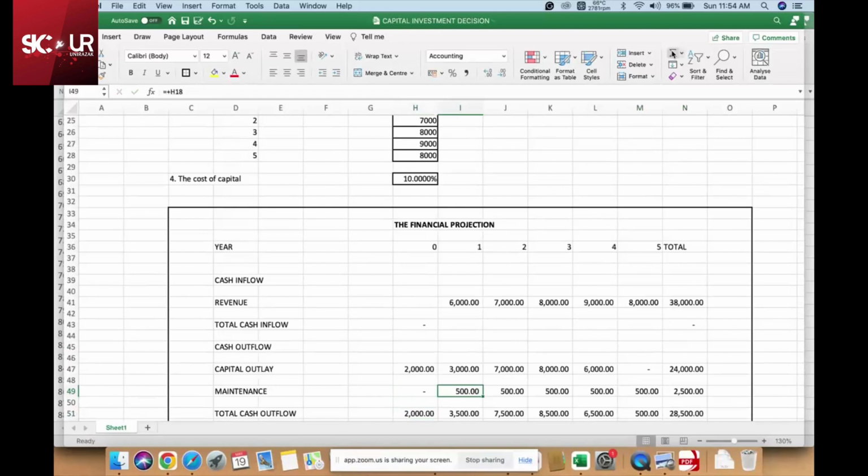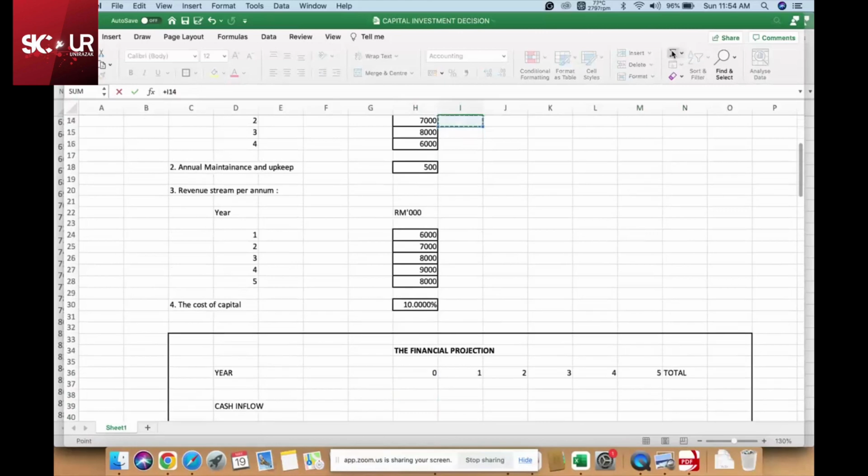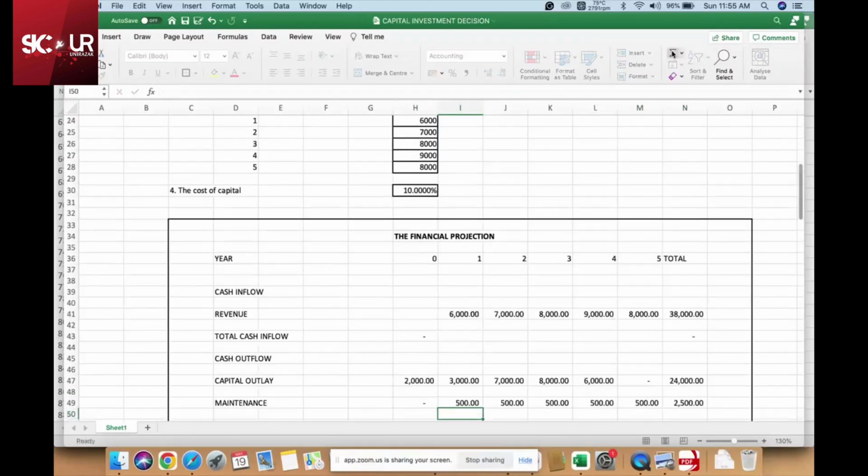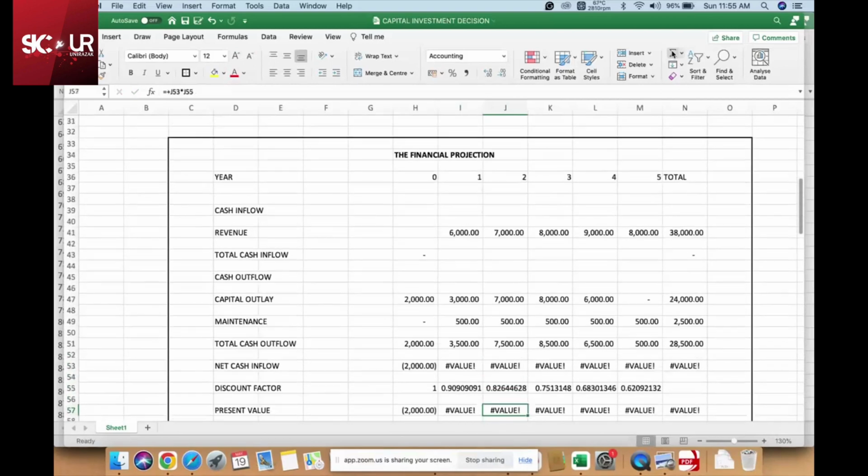Maintenance begins in year 1, so we take the maintenance from here and do the same for the rest. So we get total cash inflow and total cash outflow.